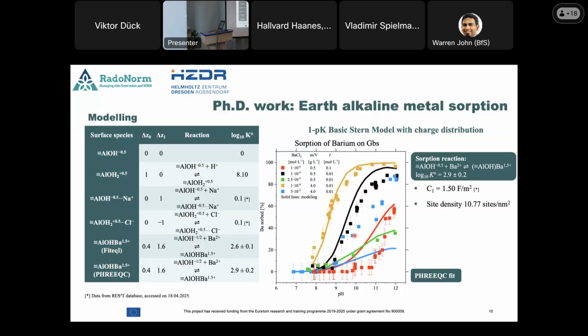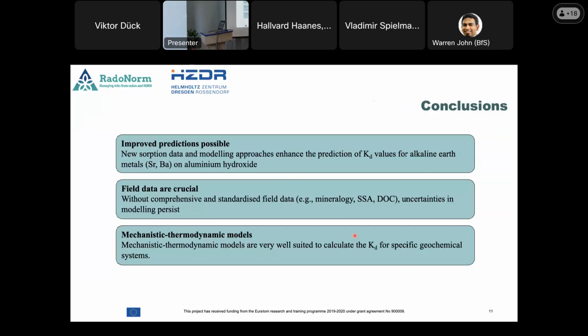But we are working on this with titrations. We want to get better surface properties numbers, and so we improve the modeling. So our conclusion and take-home message is that improved predictions are possible.